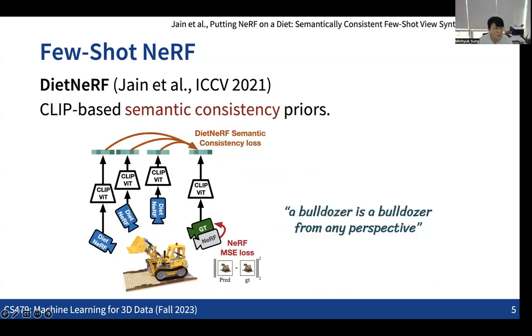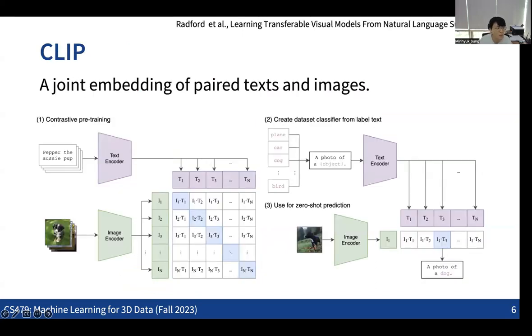Another interesting idea is to use CLIP embedding. Does everyone know the CLIP embedding? CLIP embedding is a joint embedding of texts and images.